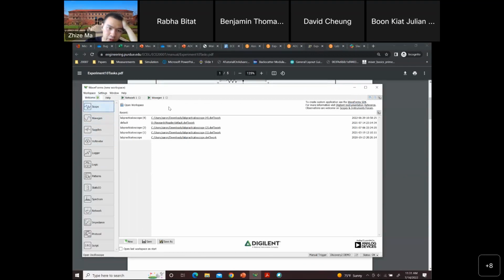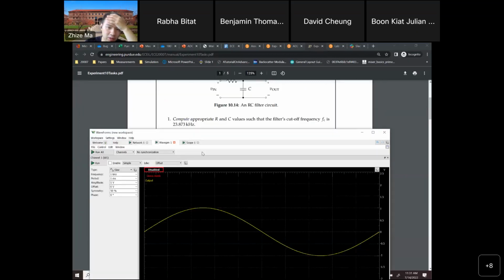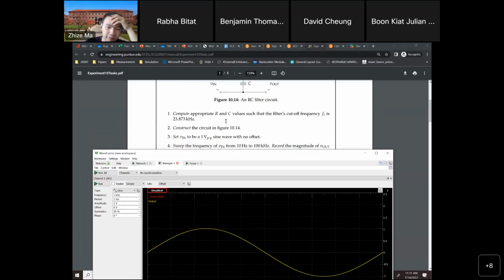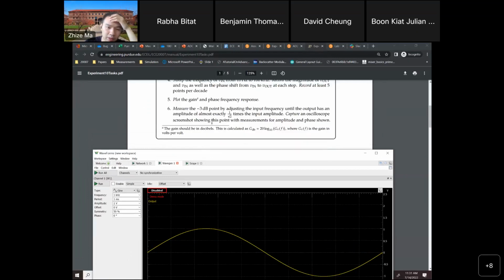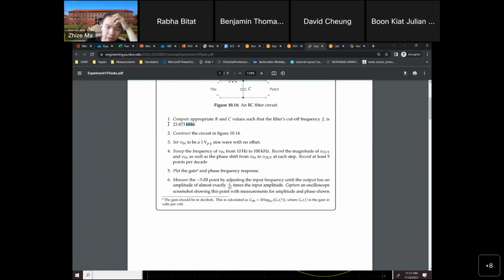You use the function generator to provide the input and the scope to measure the input and output. So you want to set your wavegen to this frequency right here, and then measure the input and output.